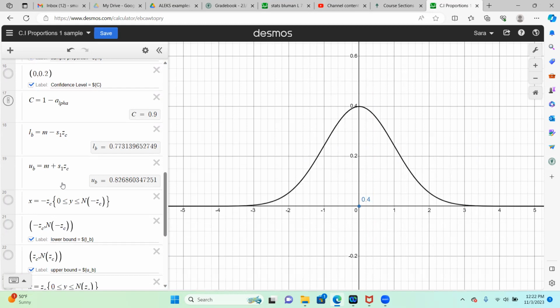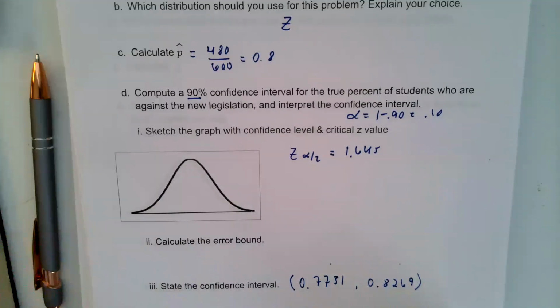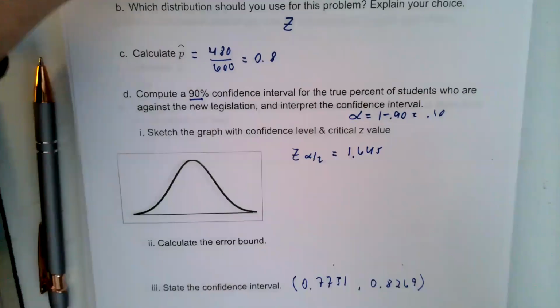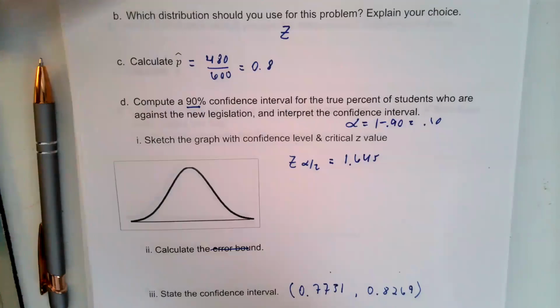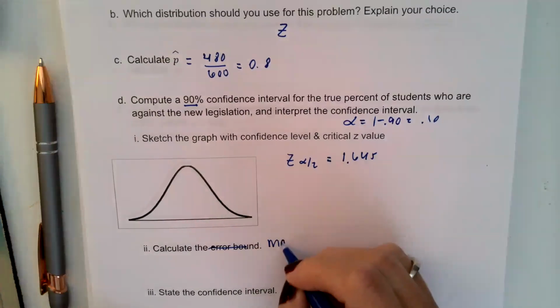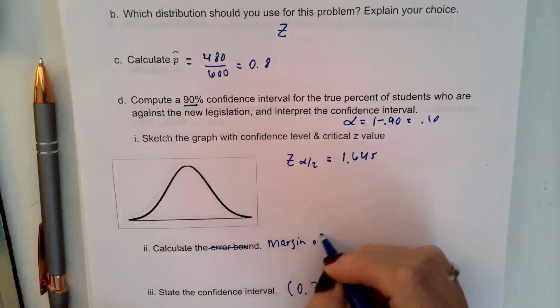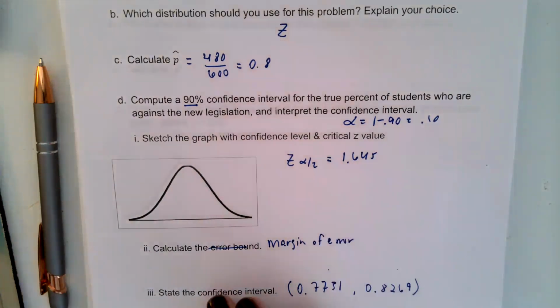And the confidence interval is 0.7731 to 0.8269. Margin of error, and we don't really need it here because we used a computer program to find it.